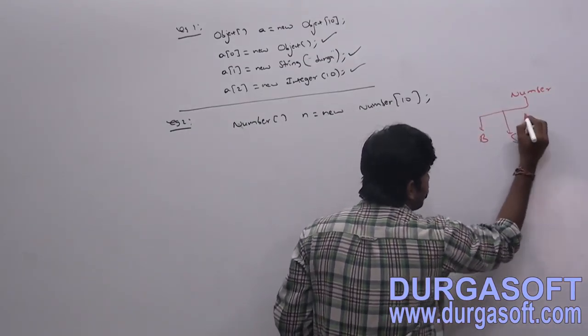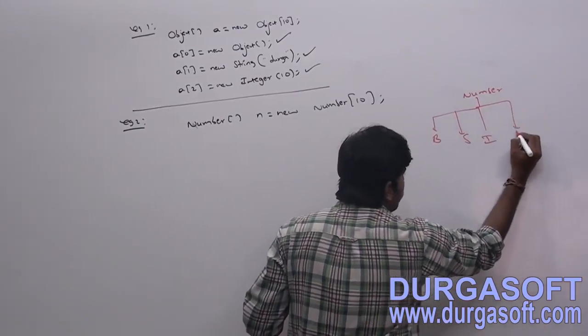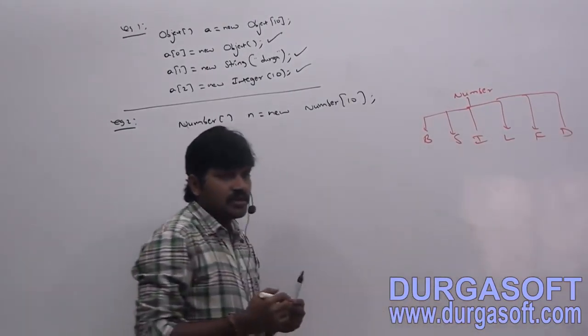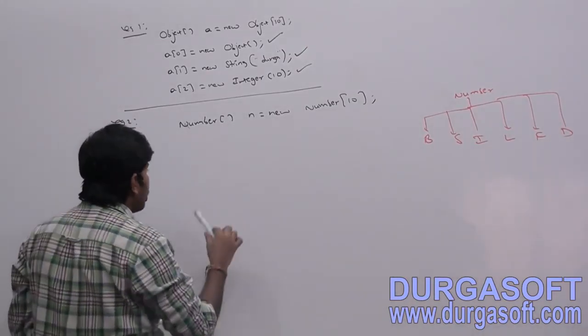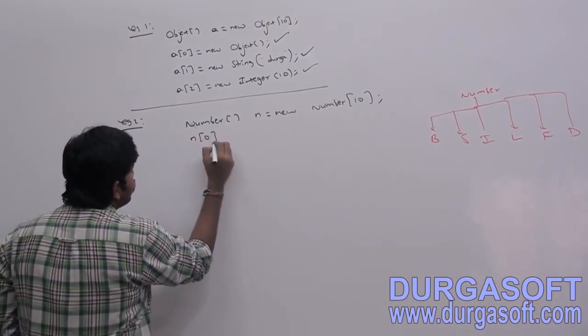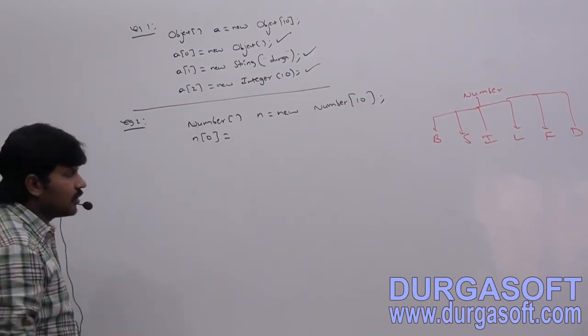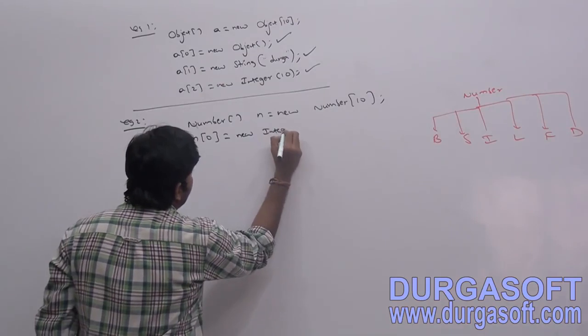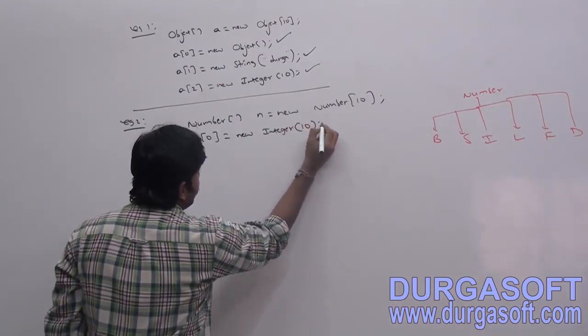Byte, short, integer, long, float and double. N of 0 is equal to new integer of 10.